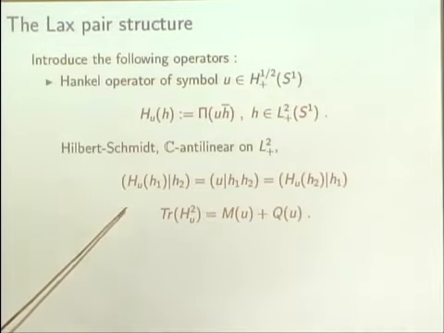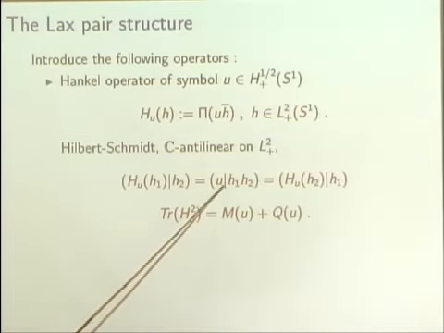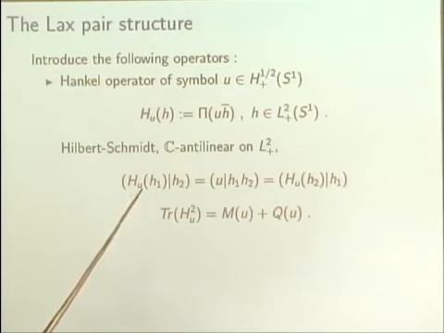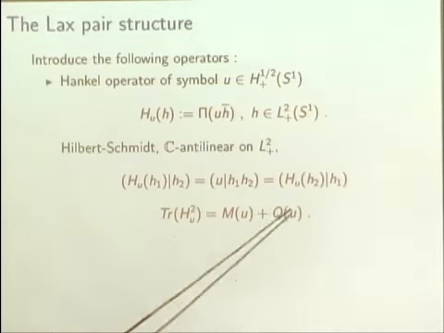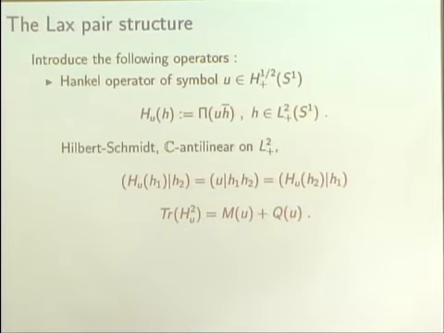The first one is that it's not exactly self-adjoint because, once again, it's anti-linear, but you have the same kind of symmetry properties: (H_u h1, h2) equals (H_u h2, h1). And moreover, it's Hilbert-Schmidt, and the Hilbert-Schmidt norm squared is the sum of the momentum and of the charge.